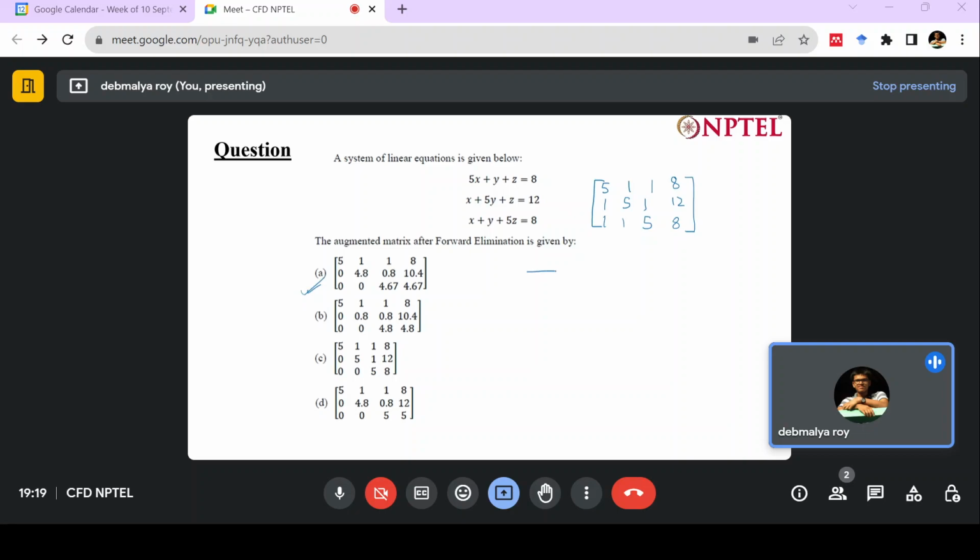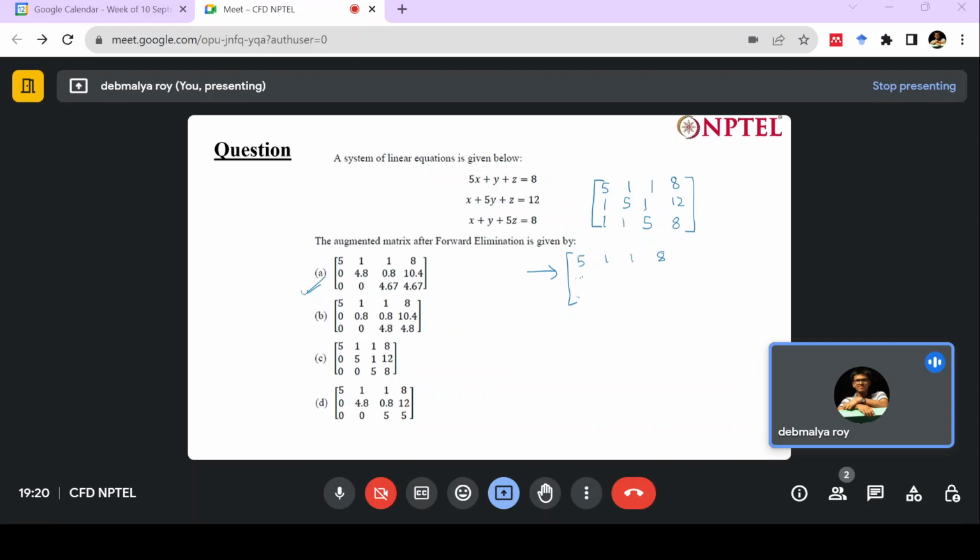So now let's perform row operations. The first row will stay intact, and my first objective will be to make the other elements of the first column 0.